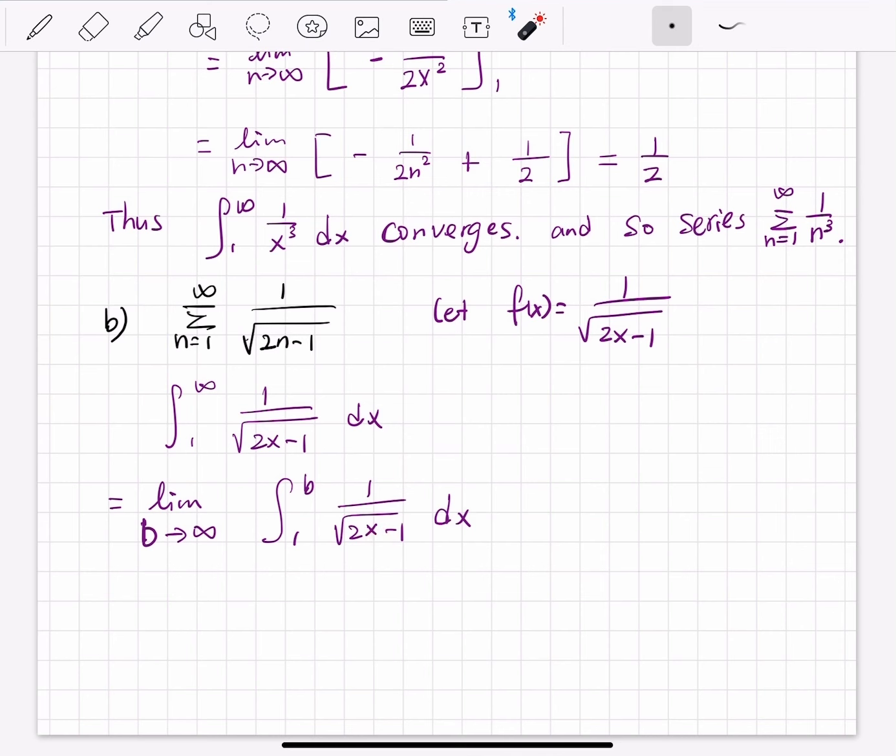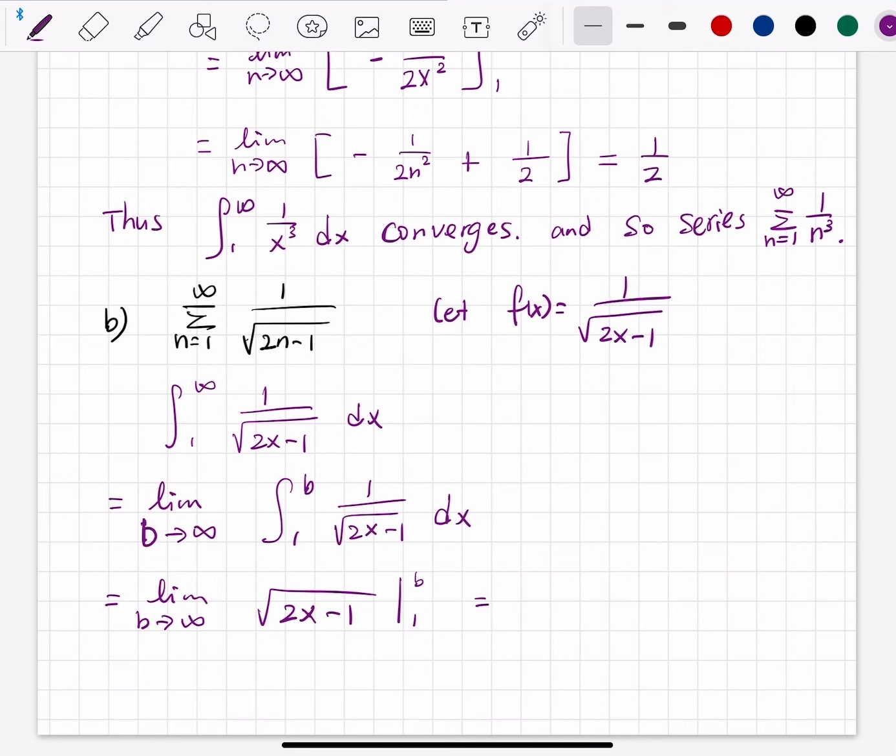After the antiderivative, using the power rule, we will end up with square root of 2x minus 1, and then we're going to evaluate it from 1 to b, which is going to be square root of 2b minus 1, minus 1. And the square root of 2b minus 1 is actually going to go to infinity. So this one is going to be infinity.